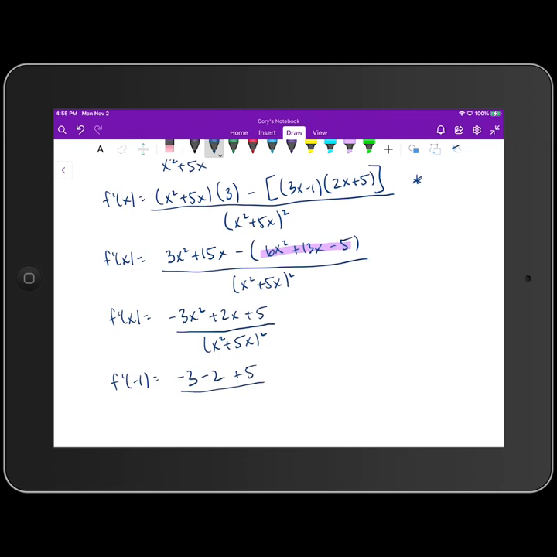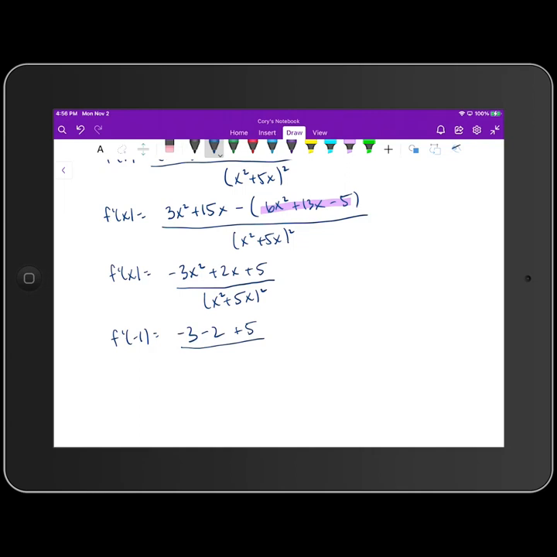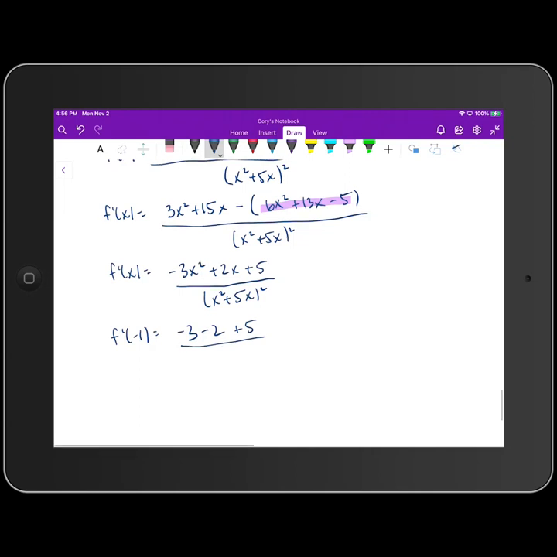That gives me my numerator. When I plug negative 1 in for x in my denominator, we get negative 1 squared, which is 1. 5 times negative 1 is minus 5. 1 minus 5 is negative 4, quantity squared. That numerator becomes 0. The denominator is 16, which makes the slope of the tangent line 0.